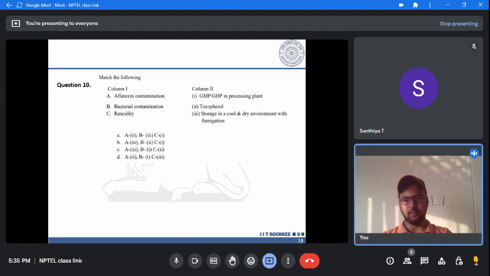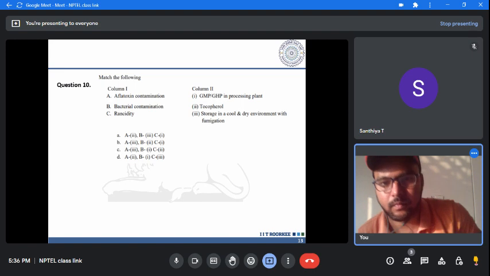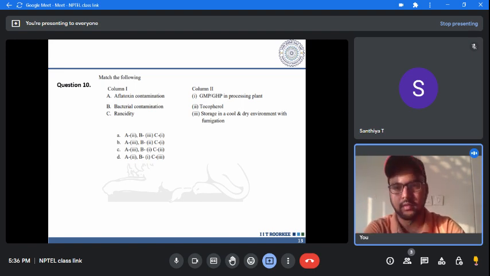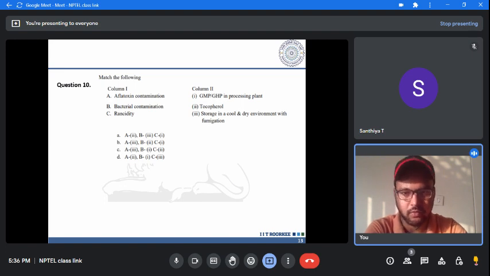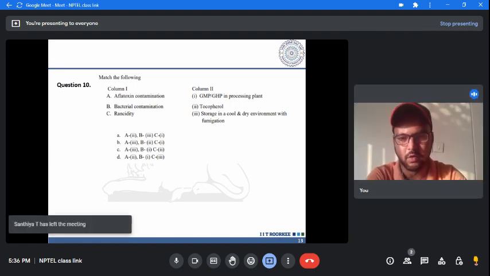B, A3, B2, C1. Option C is A3, B1, C2. Then D is A2, B1, C3. So if you know, answer in the comment box. These kinds of questions are such that if you know one term or one answer right, then you can easily make the question right. So if you know one or two answers, you can probably answer this question. Please write in the comment box.